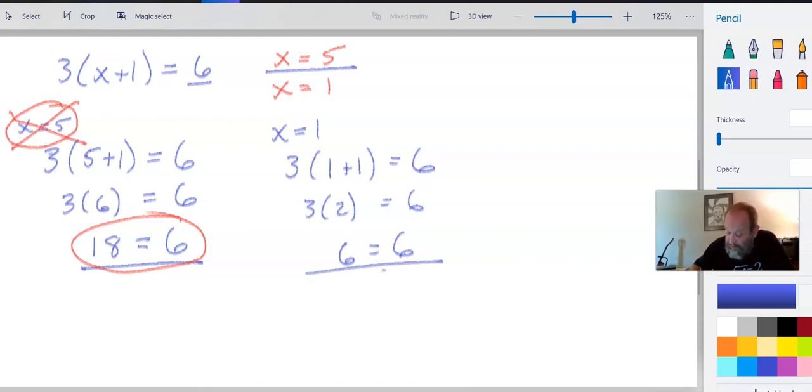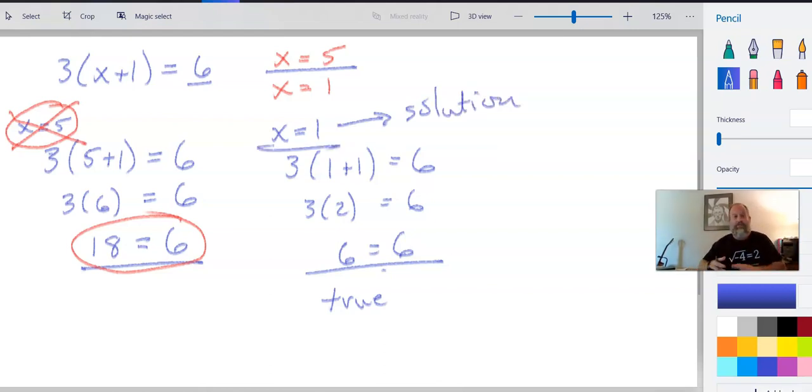And that is true, right? And if it makes it a true statement, that means this is a solution. x equals 1 is a solution to the equation 3 times the quantity x plus 1 equals 6. So really, it's just about plugging in the values they give you and seeing which ones work.